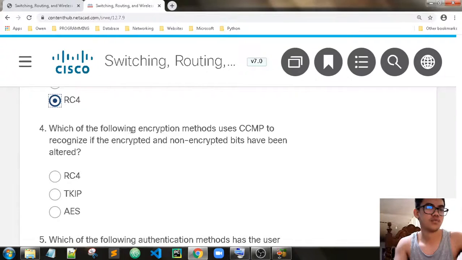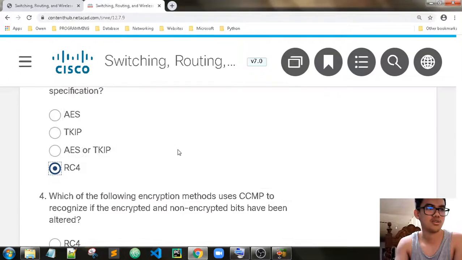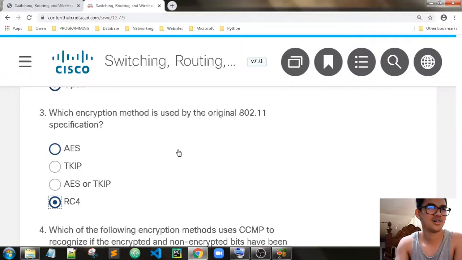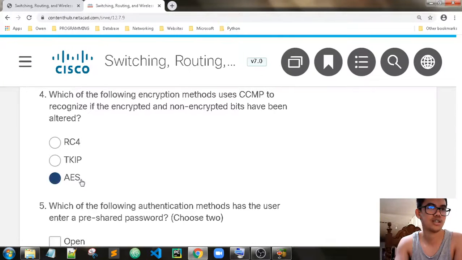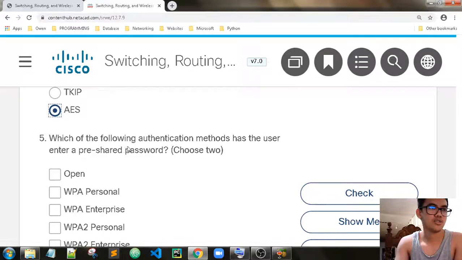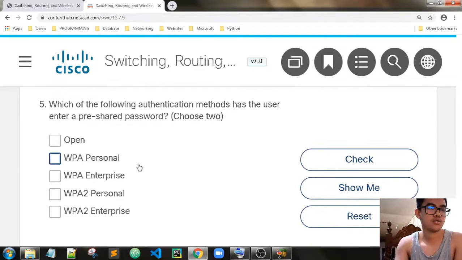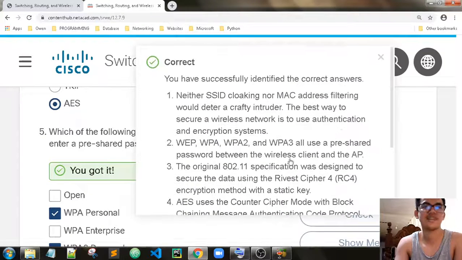Which of the following encryption methods uses MIC to recognize if the encrypted and non-encrypted bits have been altered? Original yes, it's RC4, I think it's AES. Which authentication method has the user enter a pre-shared password? We have personal. Okay, so correct.